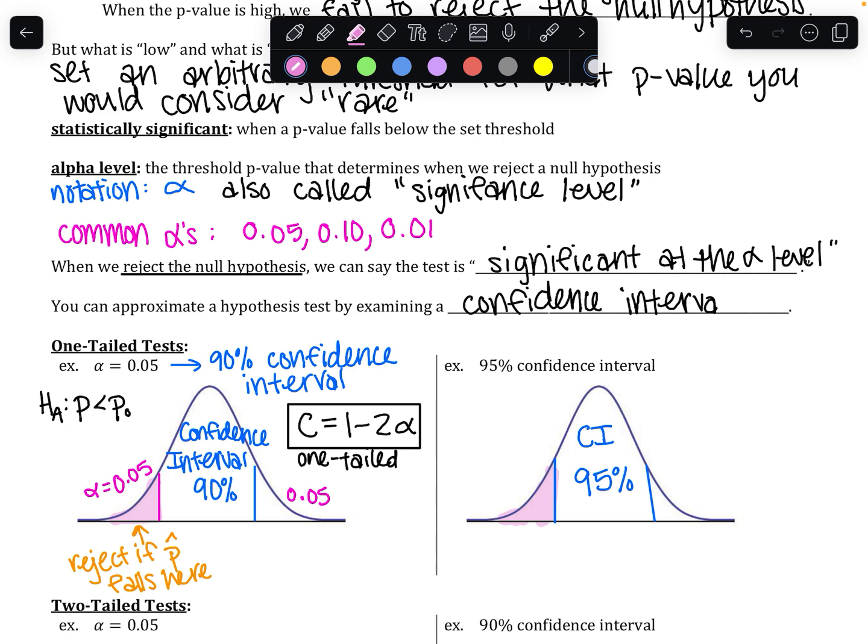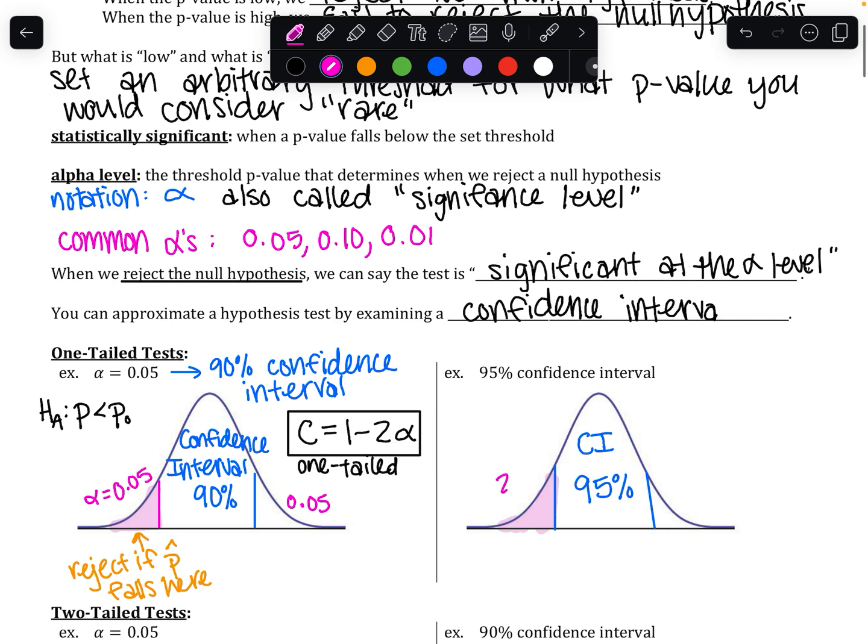But if 95% is in the middle, that means I have 5% left over. So I got 2.5% on this side, 2.5% on this side. But because this is a one-tailed test, my alpha is only the one side. So alpha would be 0.025. Okay? So that's how it works for one-tailed tests.